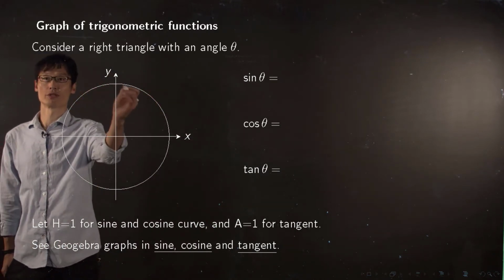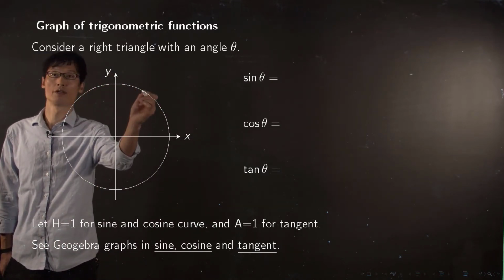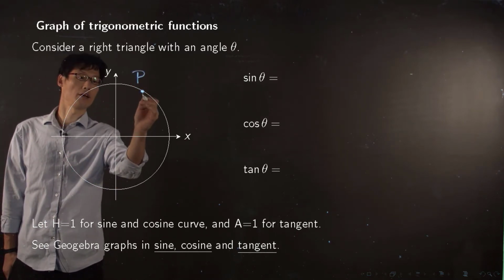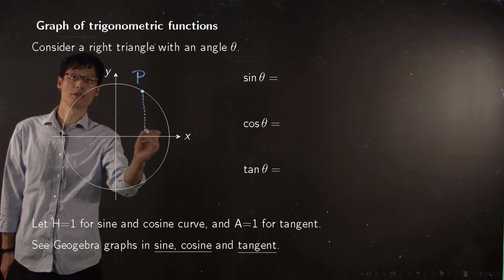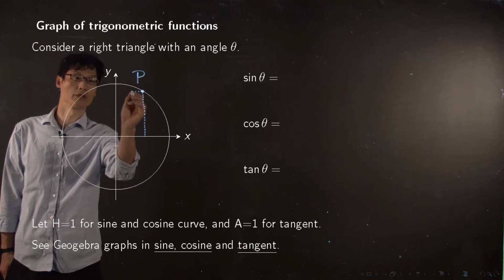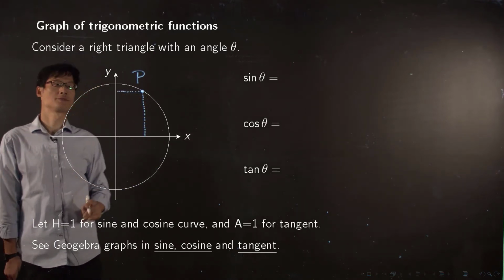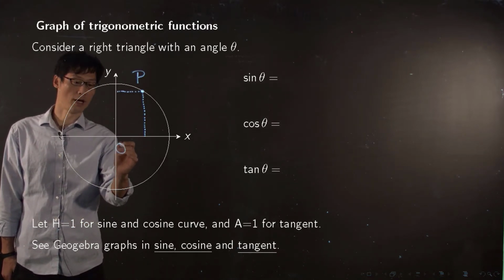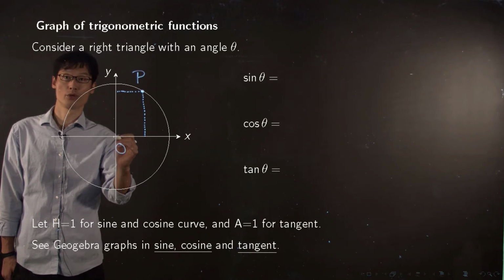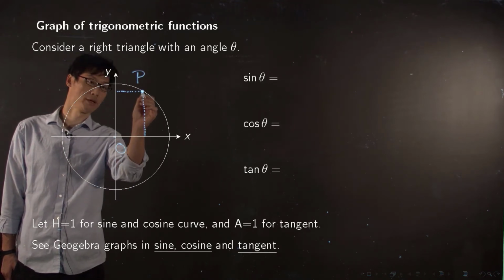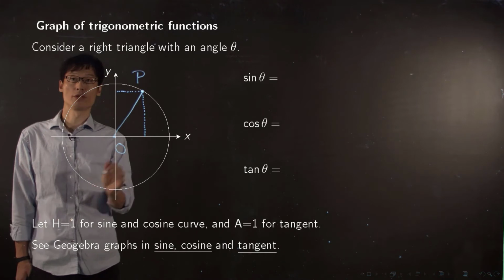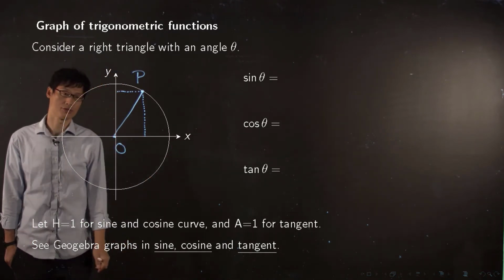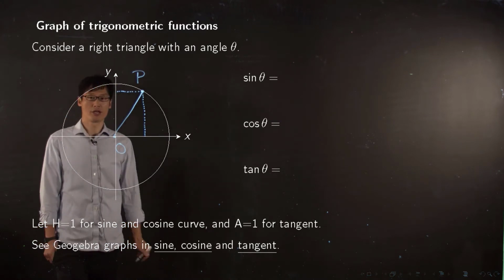You can pick a point here, say point P, with x coordinate and y coordinate, like this. Once you draw a line joining the origin to the point P, you see a right triangle with base along the positive x-axis. Say this angle is theta.